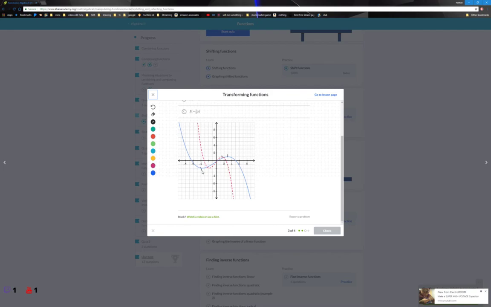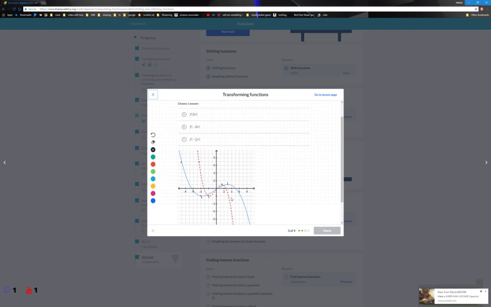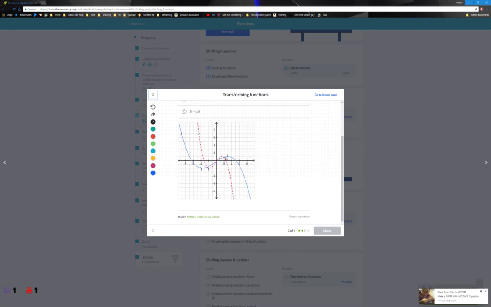This x is about -4, and this one is -2. So if you're seeing a relationship, it's always half. It always seems to be half of whatever the blue line is. The red line is always half horizontally.